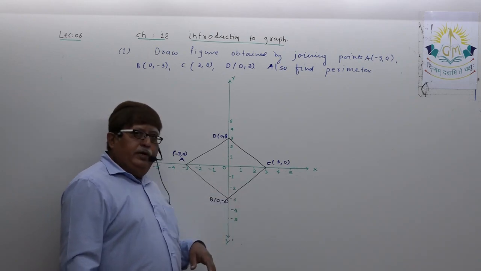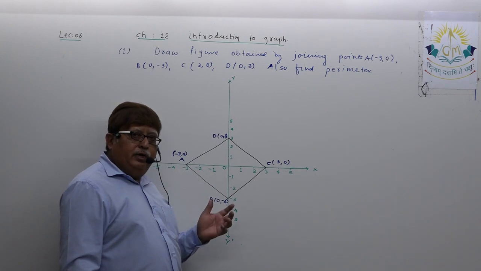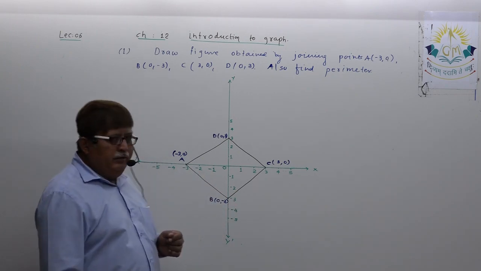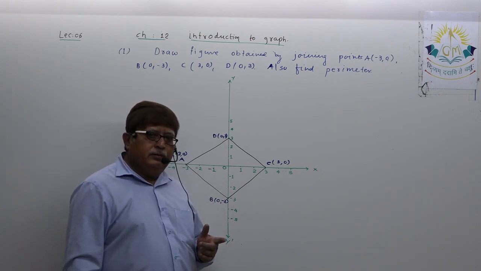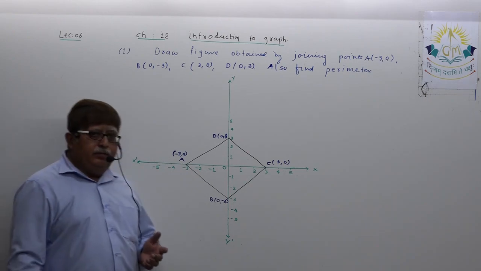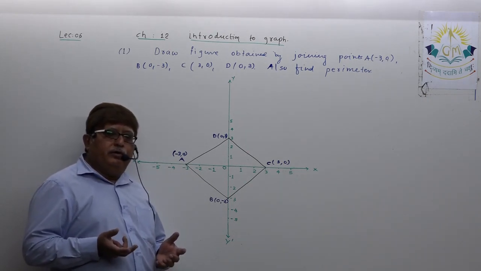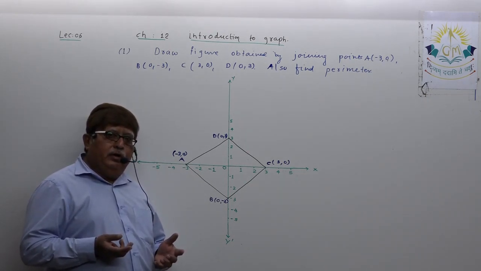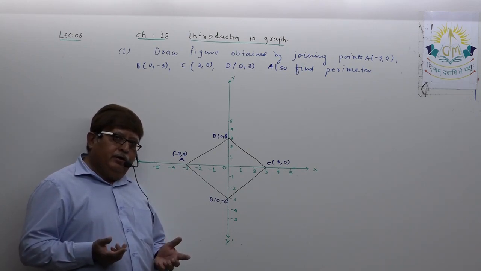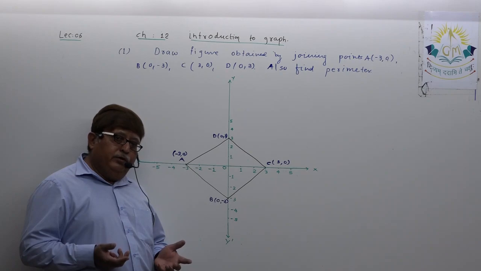Which type of diagram does it look like? In the understanding the shapes chapter, I explained how many types of quadrilaterals there are: parallelogram, rhombus, square, rectangle, trapezium, kite also.